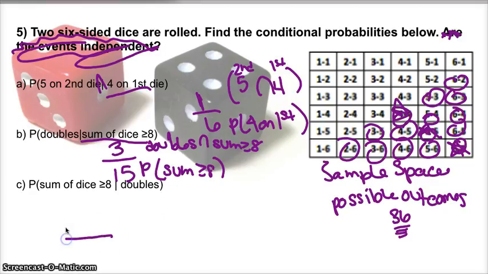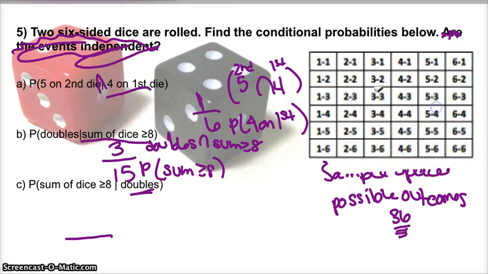And lastly, again, we're not reversing this fraction, but you're limiting the sample space in a different way. This time, look at your whole sample space of all these 36 options. You want to find the probability that you'll roll a sum that is greater than or equal to 8, but this time, you're limiting the sample space to the probability that you'll have first rolled a double.